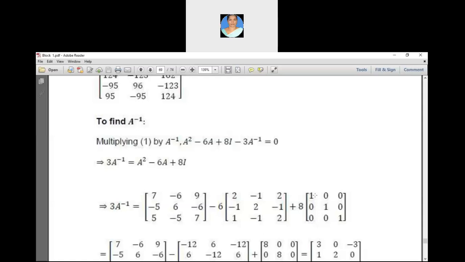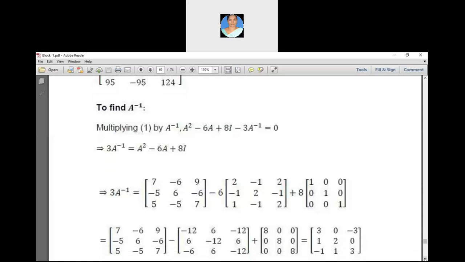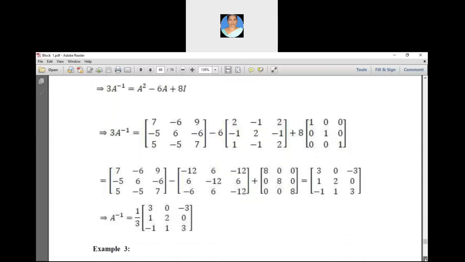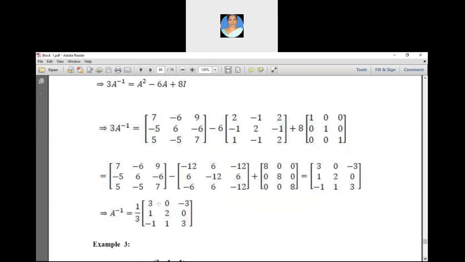Now you multiply -6 plus 8. So 7 minus 6, 9, minus 5, 6, minus 6, 5, minus 5, 7, minus of -12, 6, minus 12, 6, minus 12, 6, minus 6, 6, minus 12, plus 8, 0, 0, 0, 8, 0, 0, 0, 8. We get our final matrix as 3, 0, minus 3, 1, 2, 0, minus 1, 1, 3.